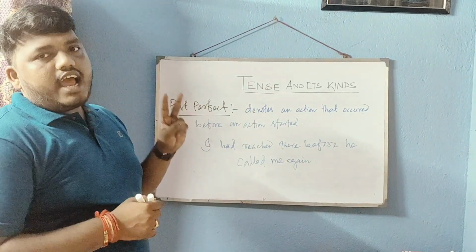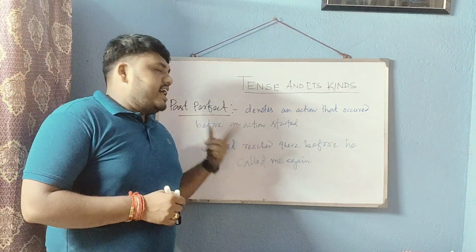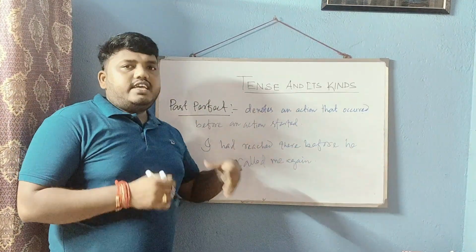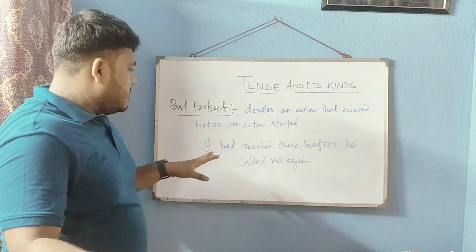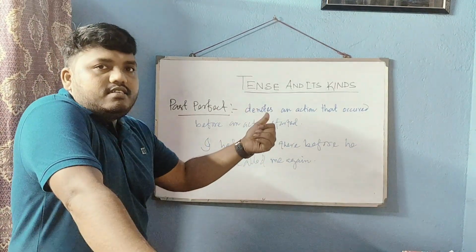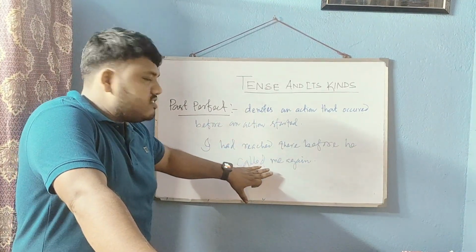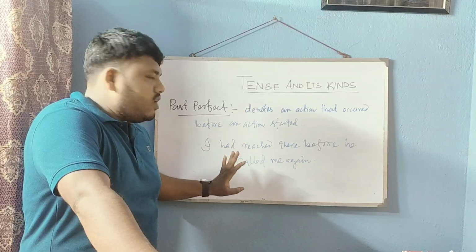So there are two actions that happened in the past. One, you reached, and the other, he called. He didn't have to call you, but he called is an action in the past. So you reached there. This action happened before the action called.